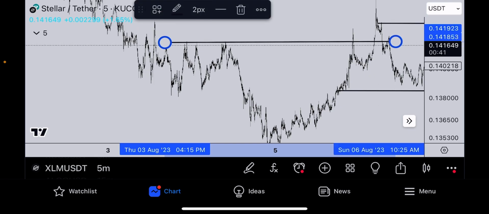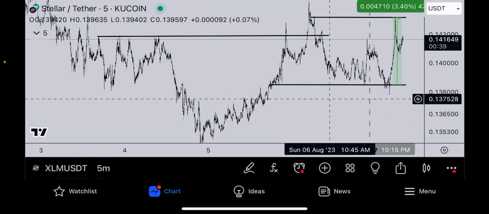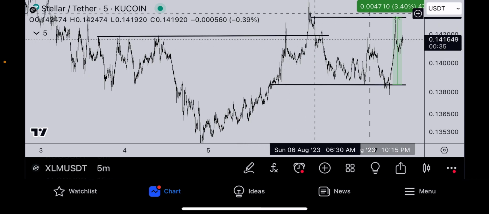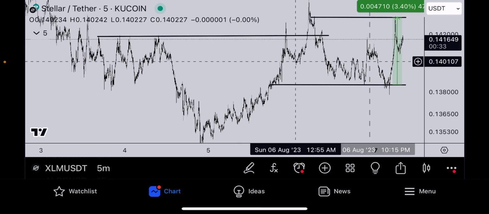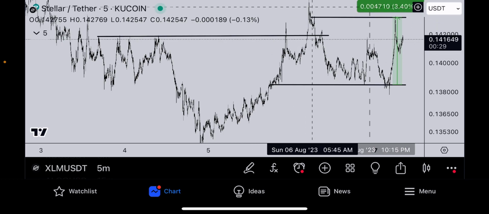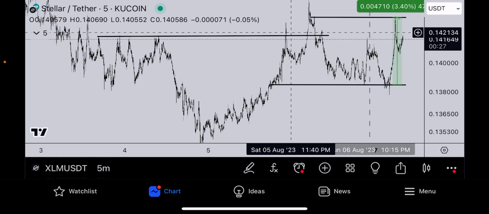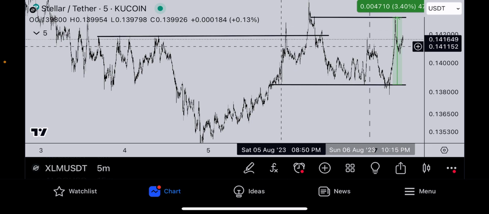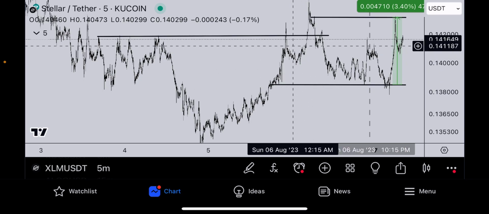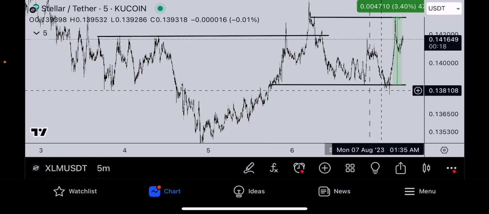Now we have those equal highs there, and then look, we popped up and we come down. We pop up again and then we come down. Now this would be my target if we pop up here, right? If we pop up here and I'm trying to find where I want to come out at, it's going to be right here.